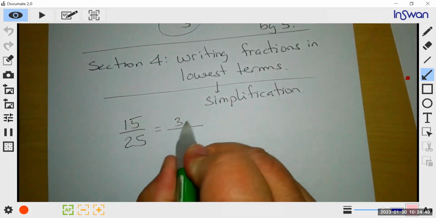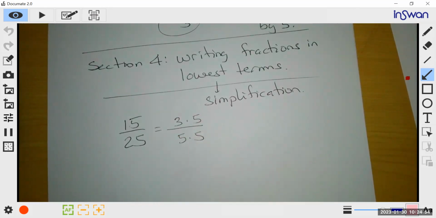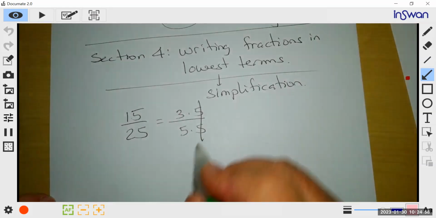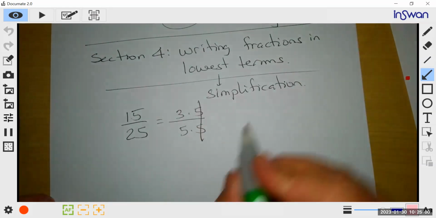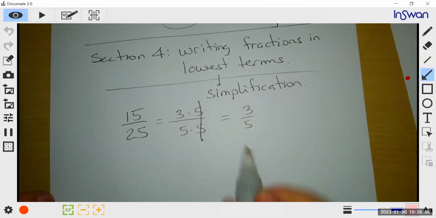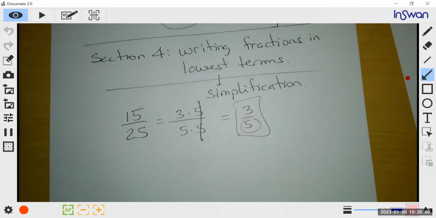15 is made up of 3 times 5. 25 is 5 times 5. I can cancel the 5s. What I'm left with is 3 over 5. I can't go any further. This number can't be broken down. So there's my answer.